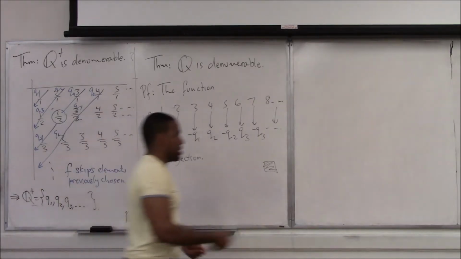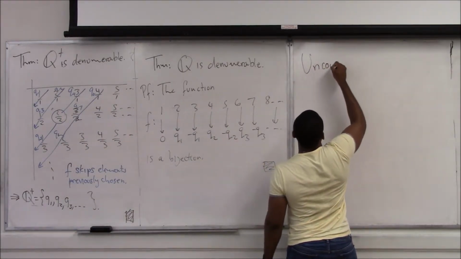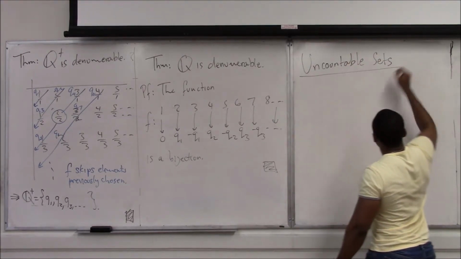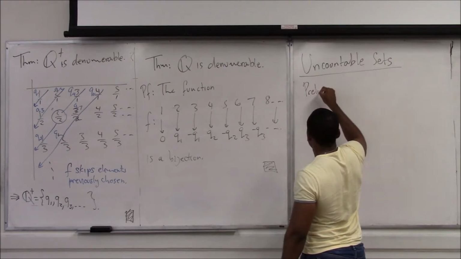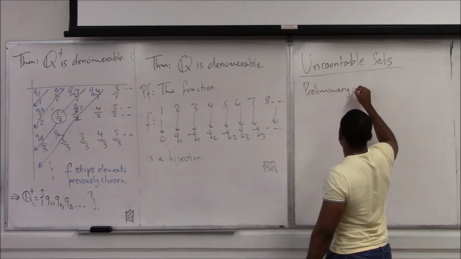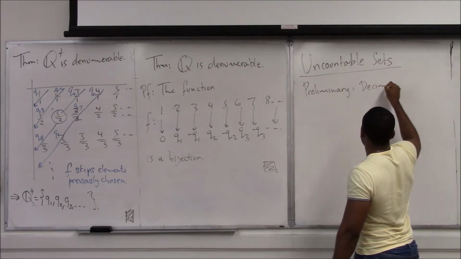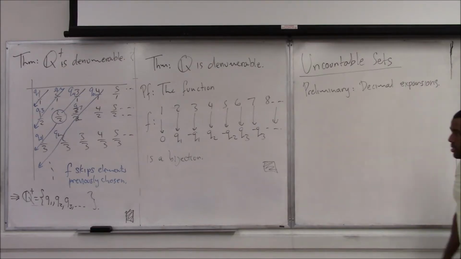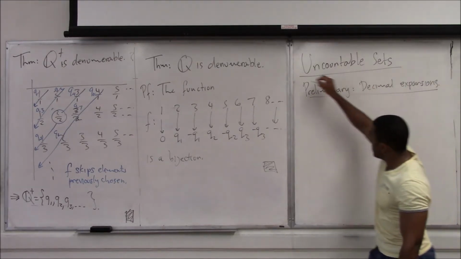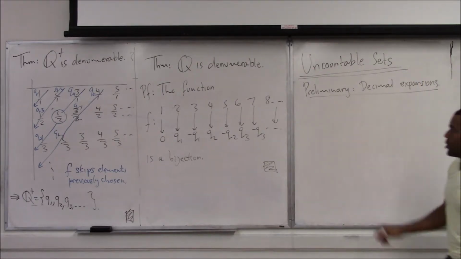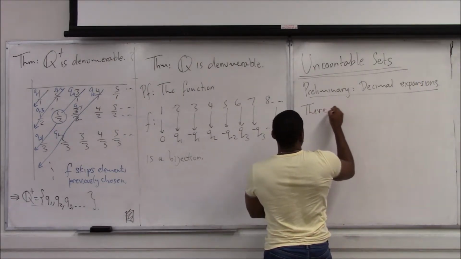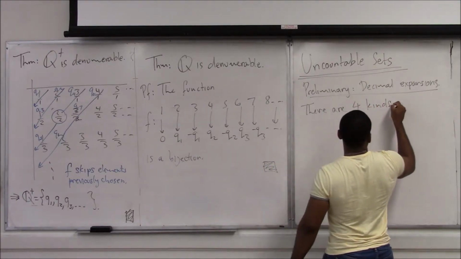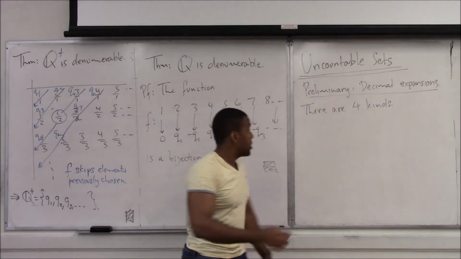So let's talk about the uncountables. In order to talk about that, I want to talk about decimal expansions for a little bit. Note there are 4 kinds of decimal expansions.